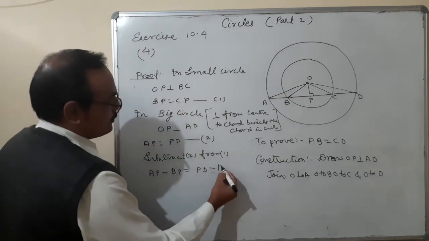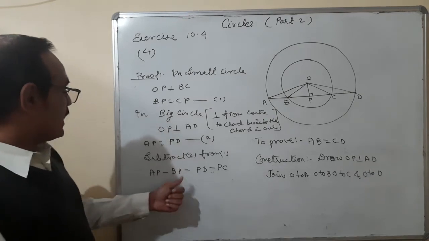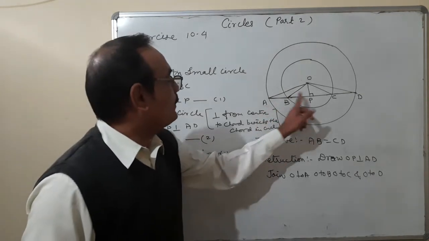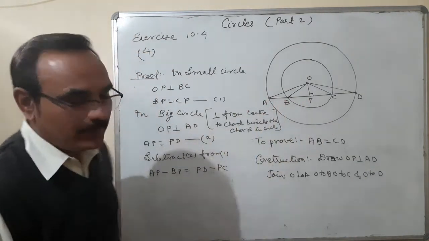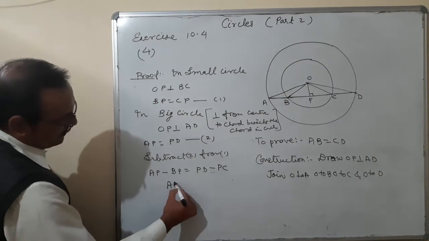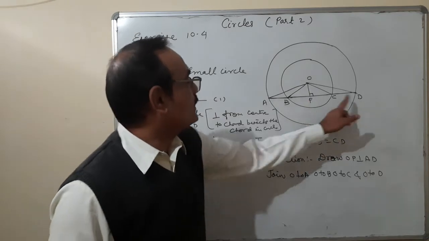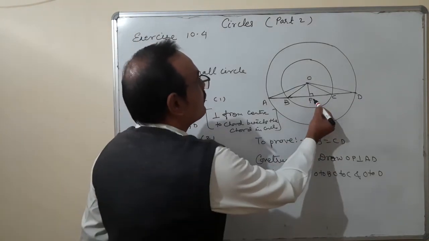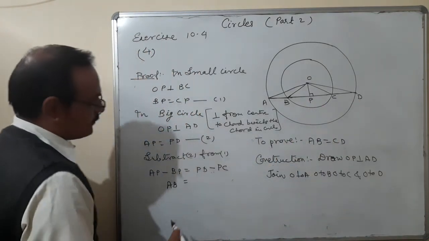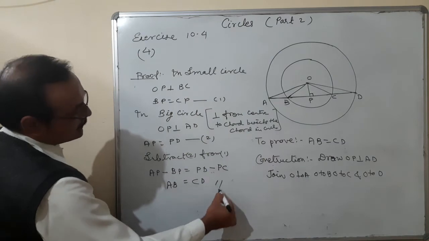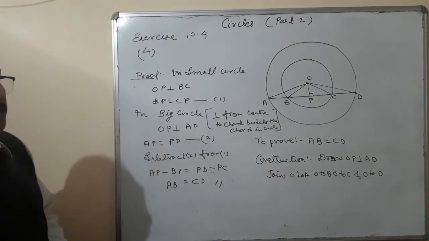PD minus PC. AP minus BP, what is left? AB is equal to PD minus PC. What's left? CD. So it is proved AB is equal to CD.